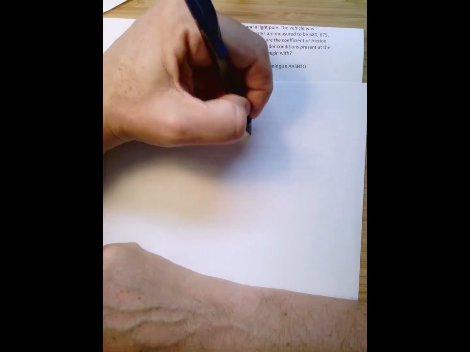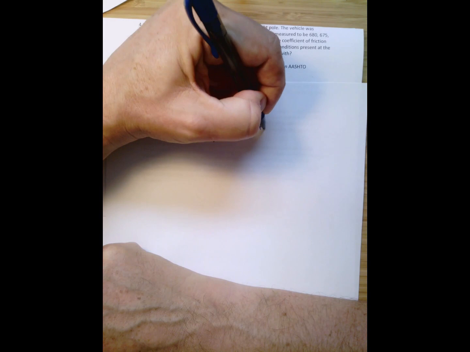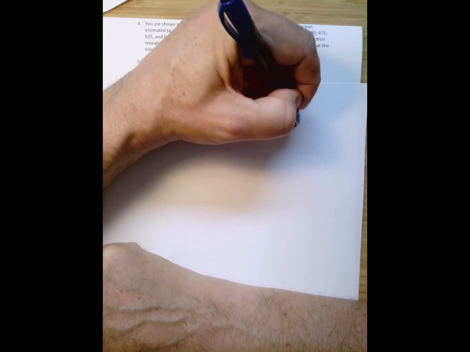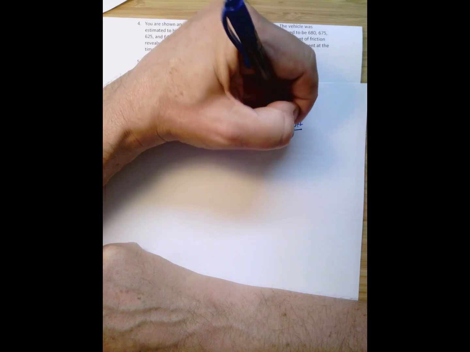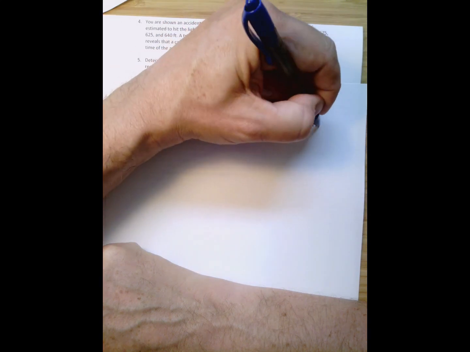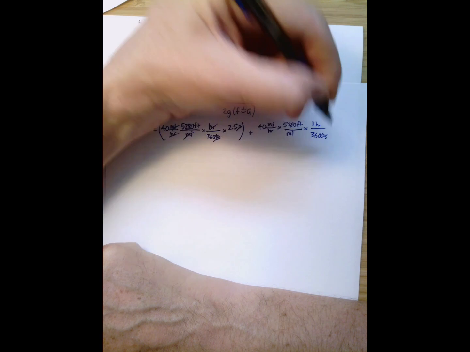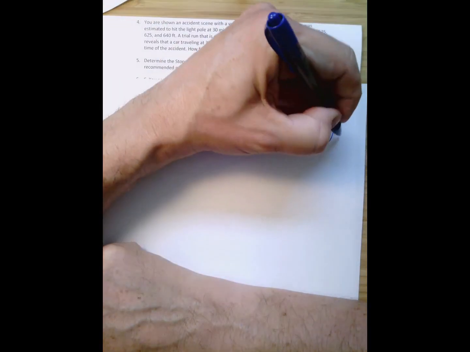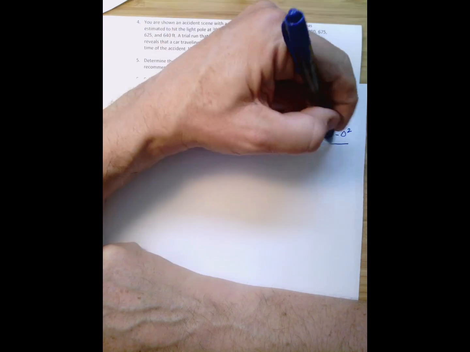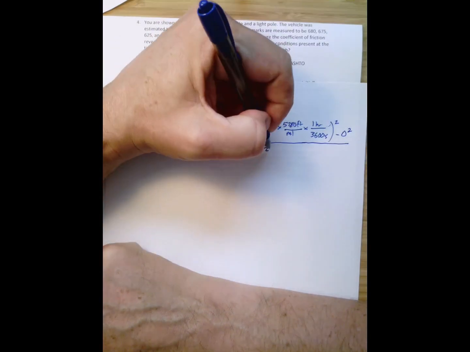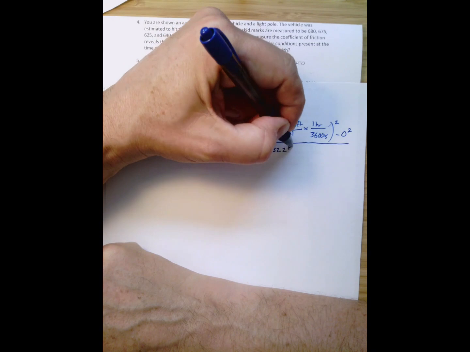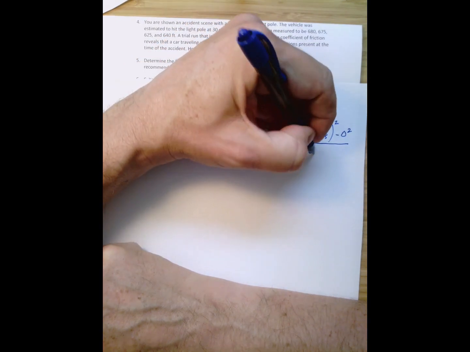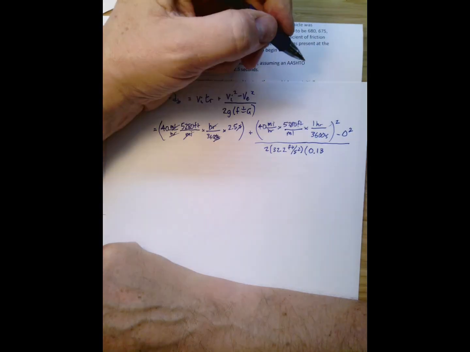And the second part of the equation is 40 miles per hour squared, and the ending speed is 0, and this is 2 times 32.2 feet per second squared times our friction factor, 0.13, that we calculated earlier.